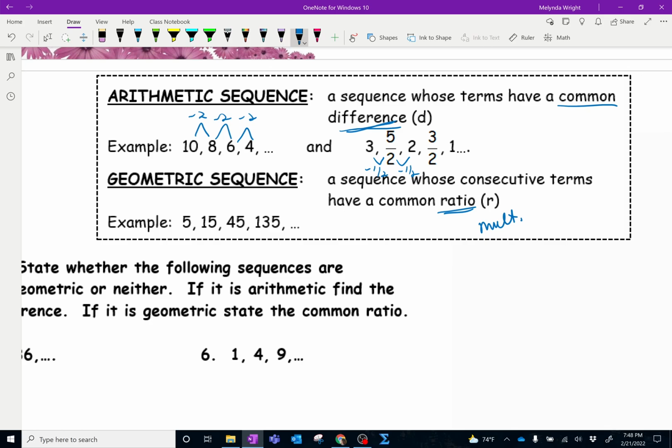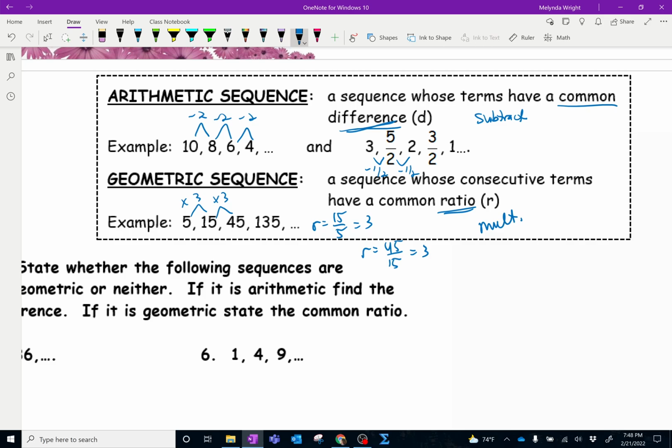To find the r, which is the common ratio, it's called r, all I'd have to do is take the second term and put it over the first term, or take the third term and put it over the second term. As long as you do 2 in a row, they're just going to come up with the same thing every time. So this would be an r of 3.